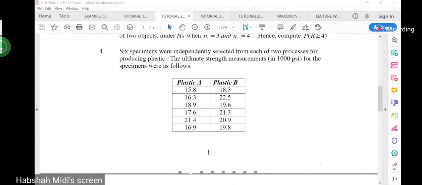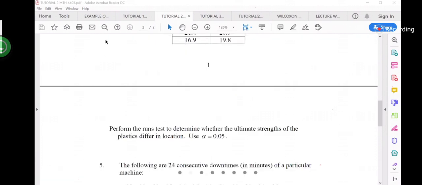When two samples come from the same distribution, their medians are equal. So you may write H naught: M1 equal to M2, and H1: M1 not equal to M2. Or you may write H naught: both samples come from the same distribution, and H1: both samples do not come from the same distribution.